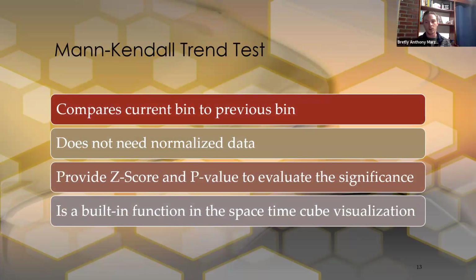If the second bin is larger, equal to, or smaller, you get returned a positive one, a 0, or a negative one, and then those are added up across to see if there is a trend in the data either going negatively or positively, or none at all, zeros across the board. And then with that, you also get your p-value and your z-score to say whether or not it is a significant trend.